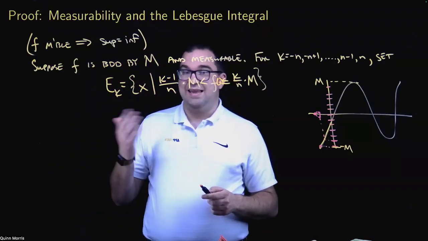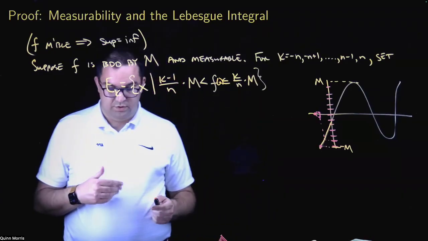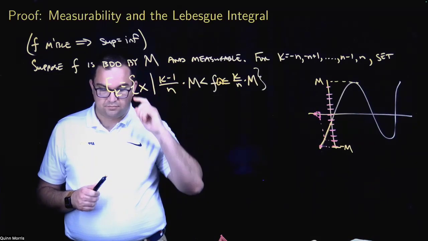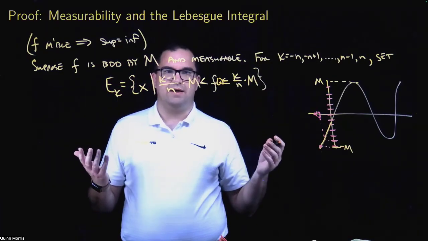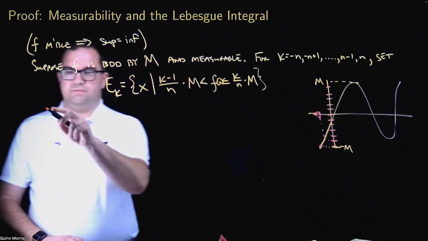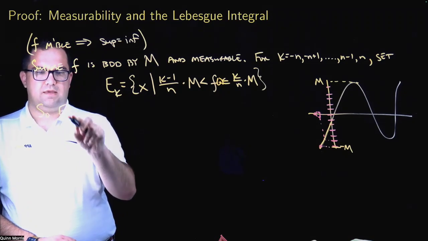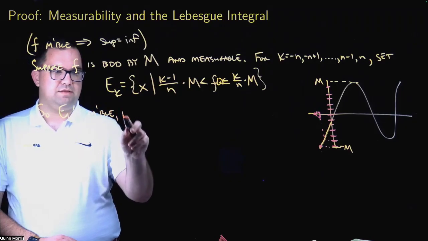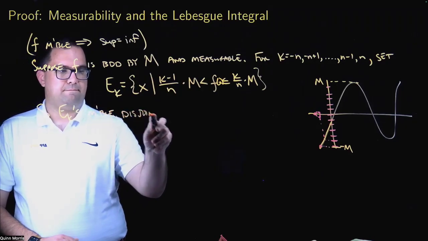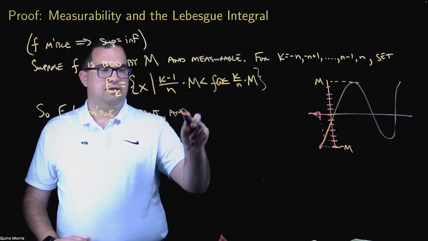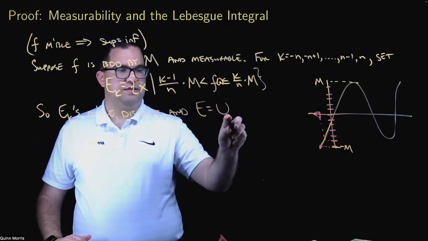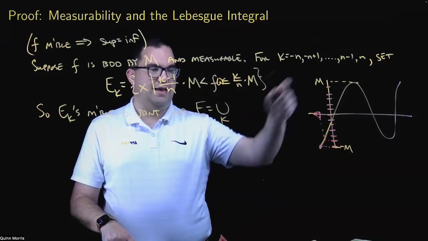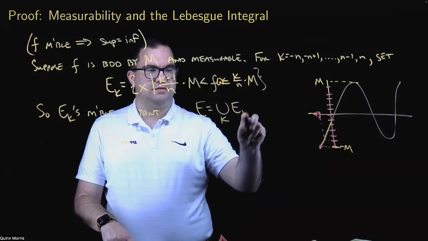And E is equal to the union of the EK. So remember, E is just the places where the function is defined, right? Okay, so the EKs are measurable, disjoint, and E is equal to the union over all Ks of the EKs.